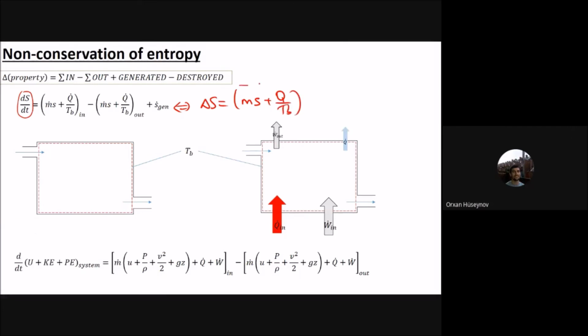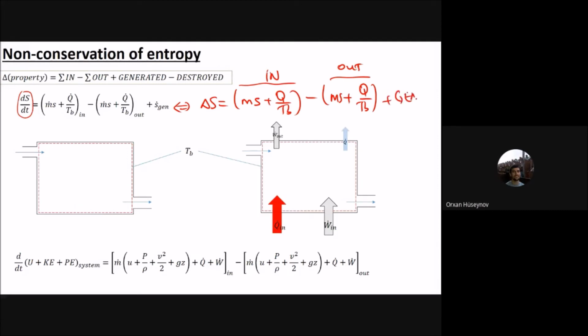These are the in quantities. This is the in, minus, similarly, the same quantities for the out. So you will have the mass with the entropy and the Q by T_B, and this one is the out. And then for the last term, you will have the generation.